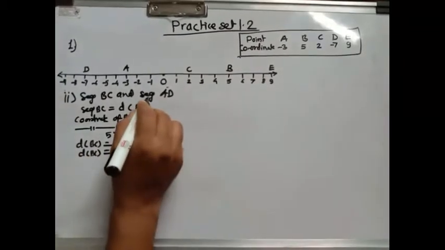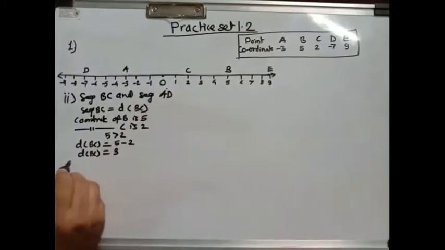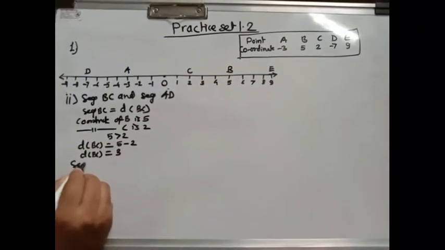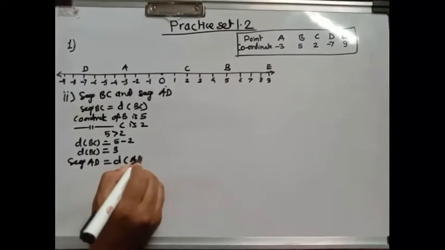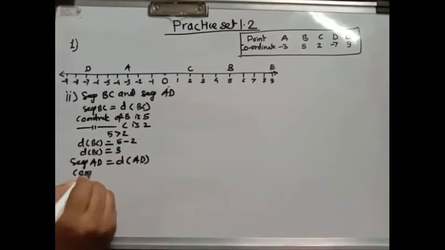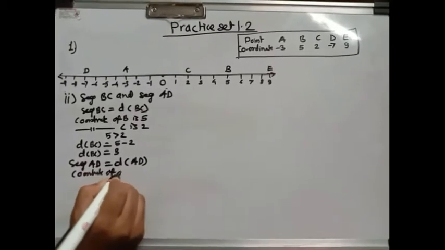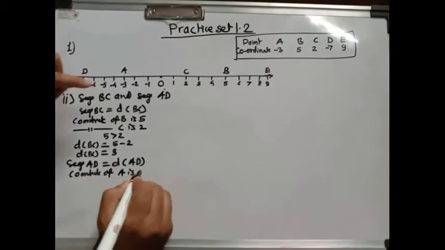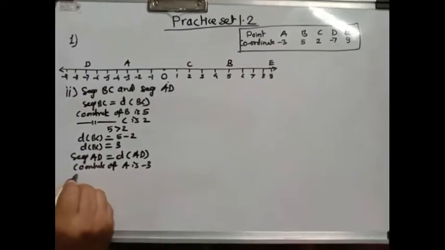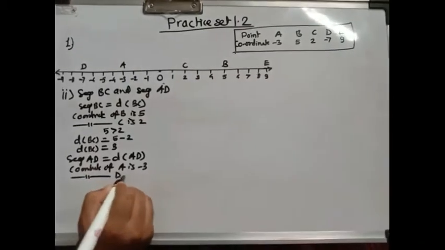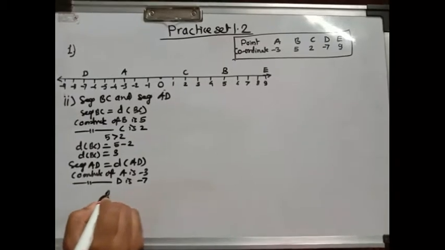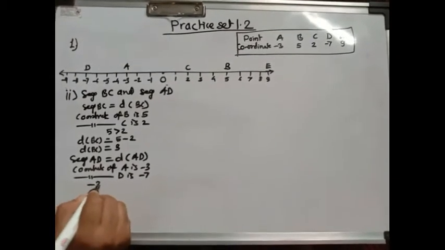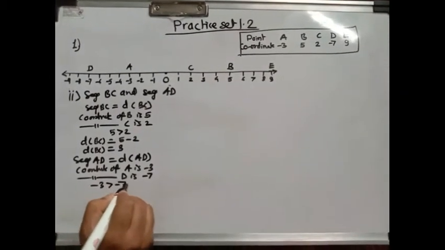Next we calculate the segment AD. Segment AD is nothing but the distance of AD. Now the coordinate of A is -3 and the coordinate of D is -7, and we know very well -3 is greater than -7.